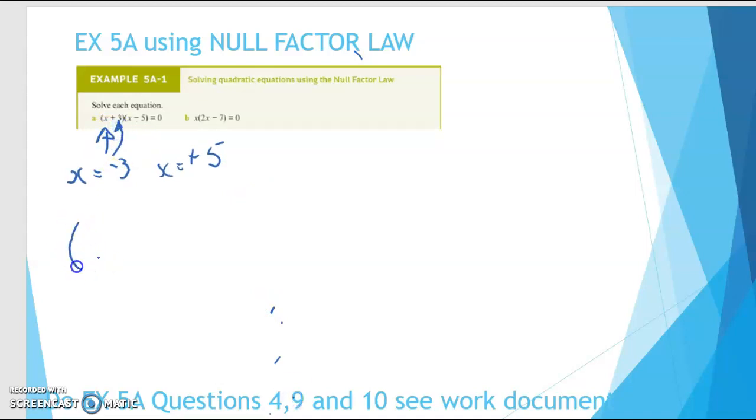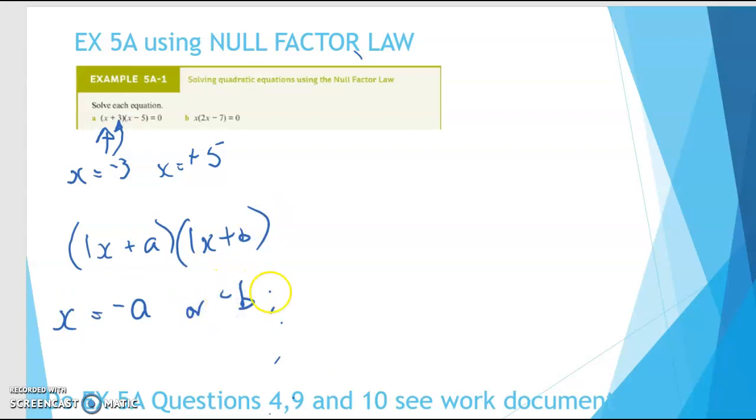So when you have the form 1x plus a and 1x plus b, x is equal to either the opposite of a or the opposite of b. Go back and review that. You'll find this works as long as it's got 1x.